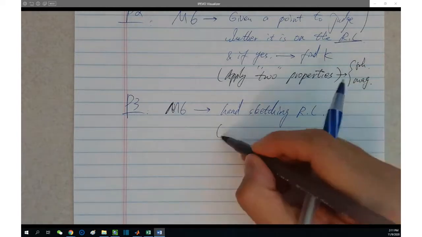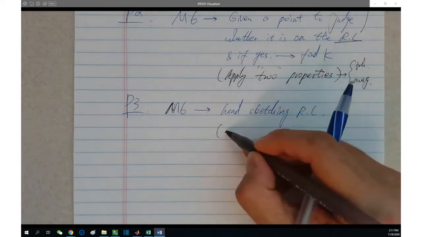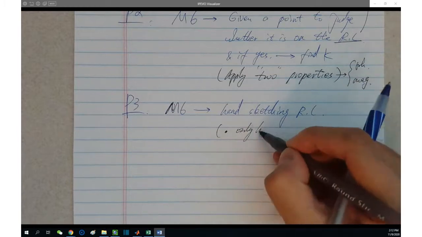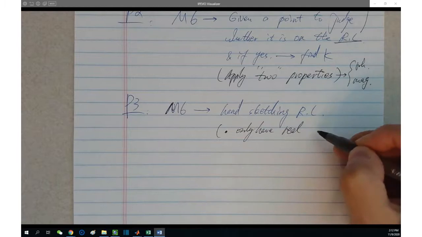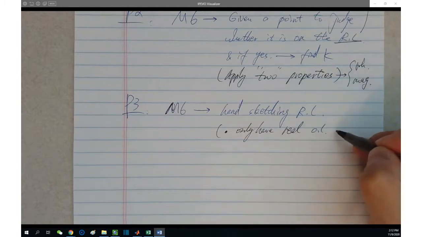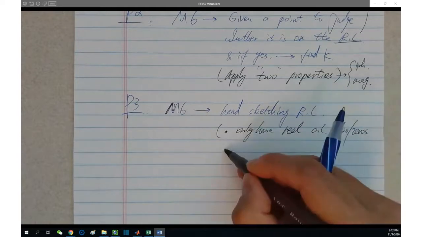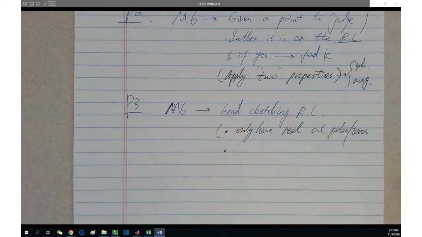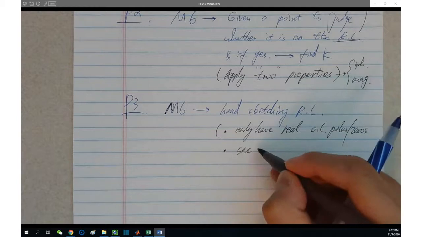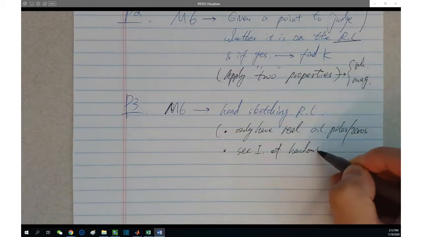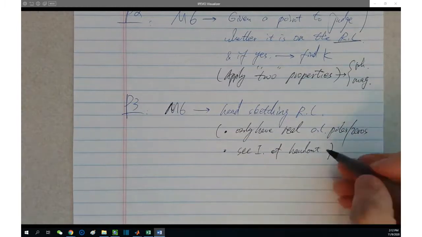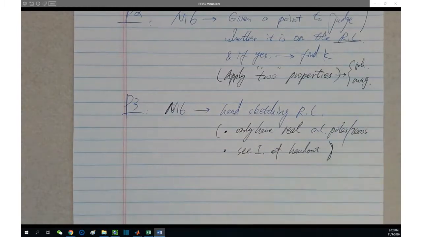Here, first of all, you will only have real open loop poles and zeros. So that means what? Section 1 of the handout. That means you only need to worry about section 1 of the handout, including like what?